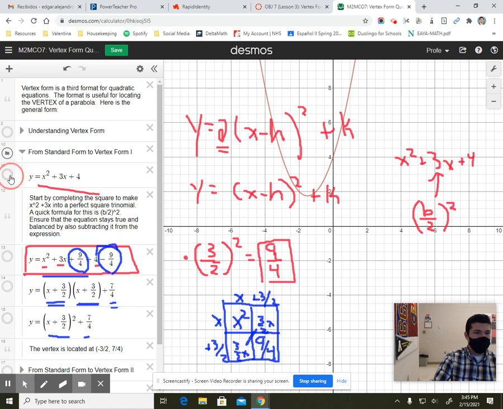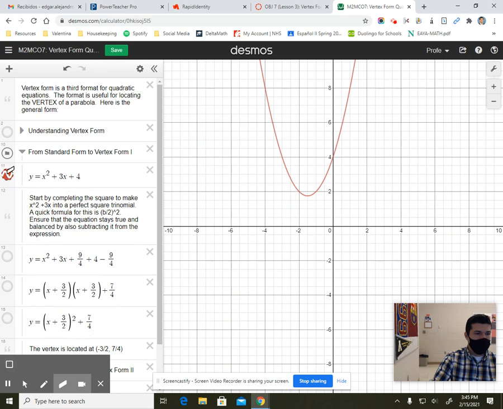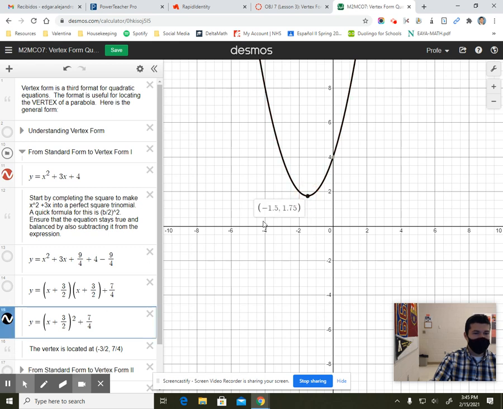I want you to notice though that my original parabola, x squared plus 3x plus 4, and my now vertex form parabola are the same. Look at the vertex. The vertex is at negative 1.5, which is negative 3 halves, and at a y coordinate of 1.75, which is 7/4. That's 1.75. Tough example.